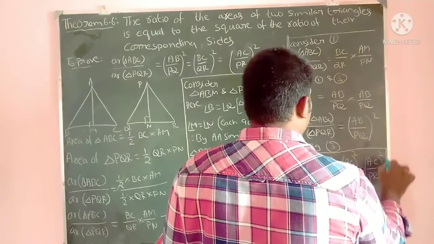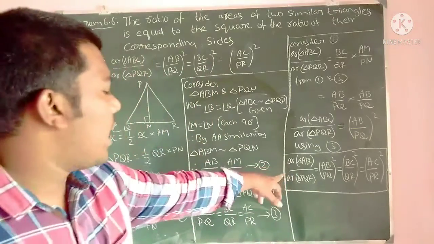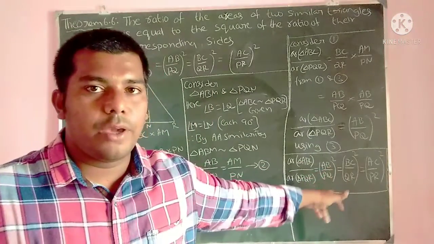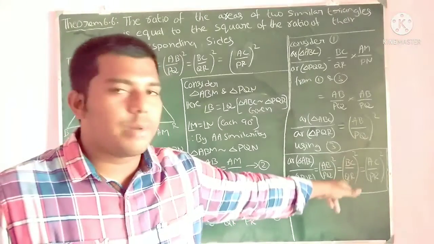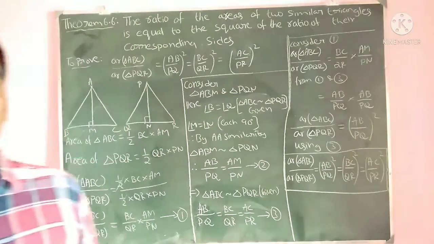So this is the thing they asked us to prove. So we proved area of triangle ABC by area of triangle PQR is equal to AB by PQ whole square equals BC by QR whole square equals AC by PR whole square.